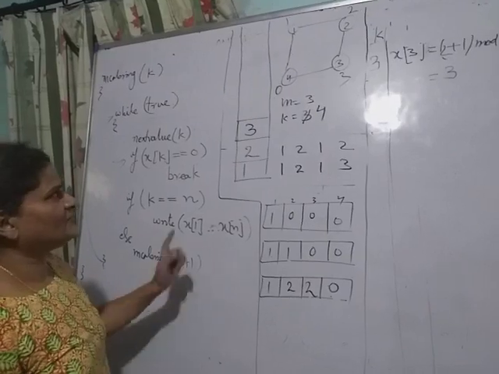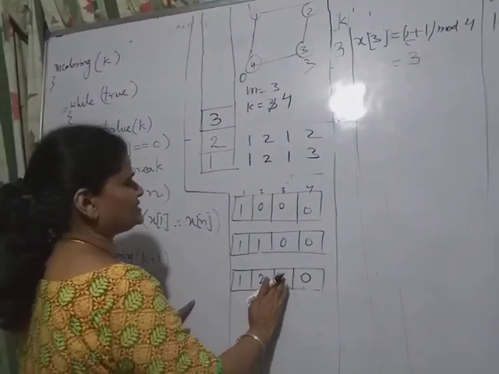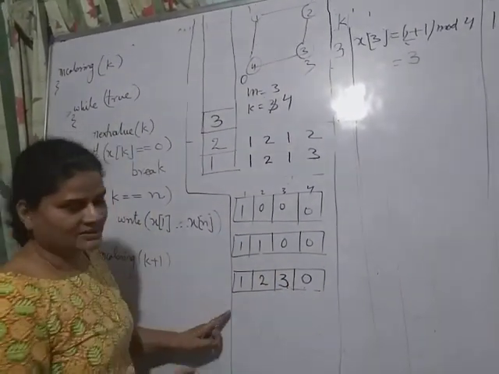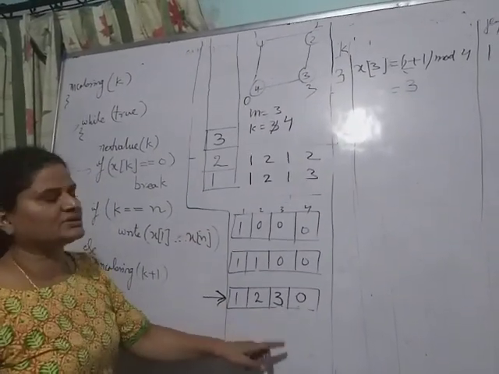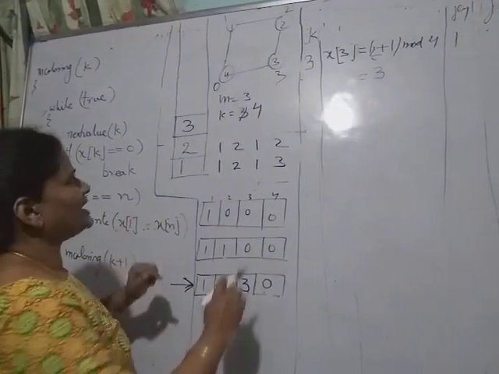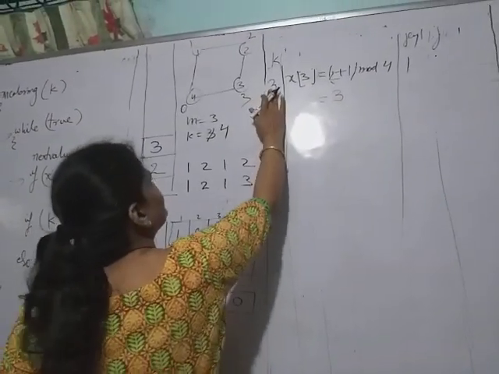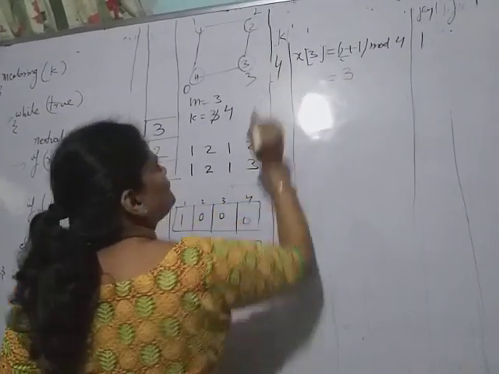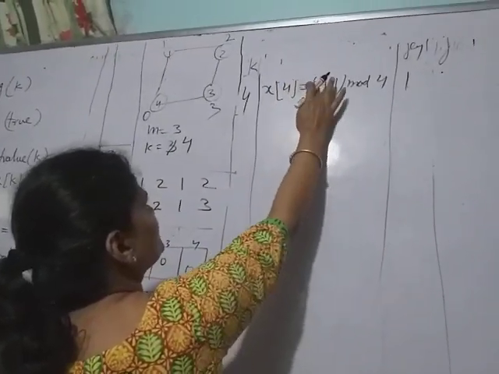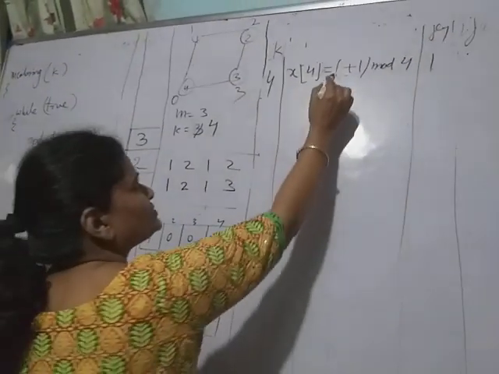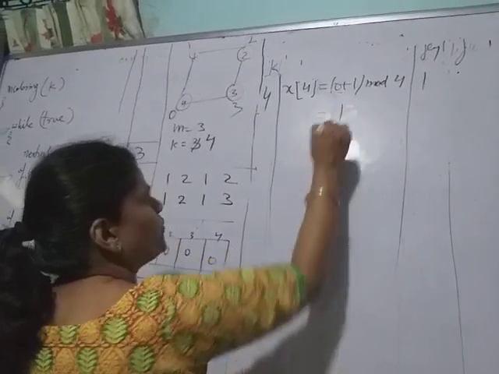Before this our solution is 1 2 3. Now the solution vector is 1 2 3 0. So k is 4, the fourth vertex, and x4 is 0. So 0 plus 1 is 1.